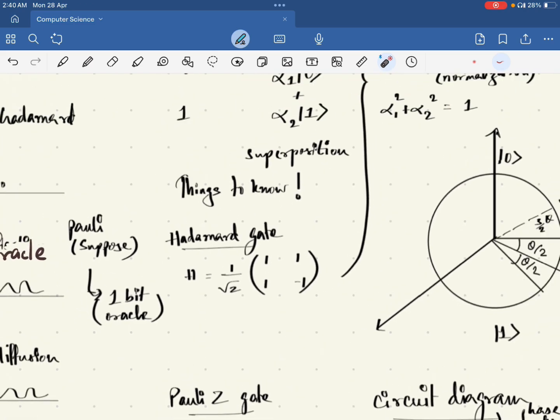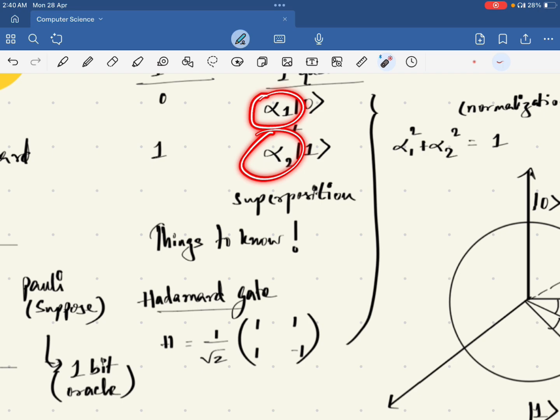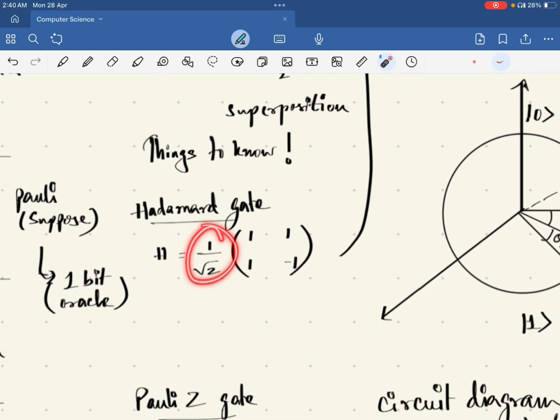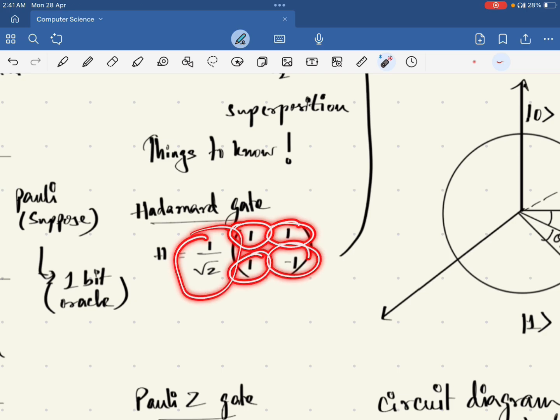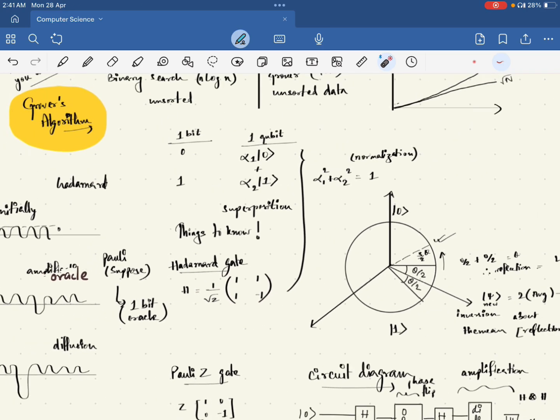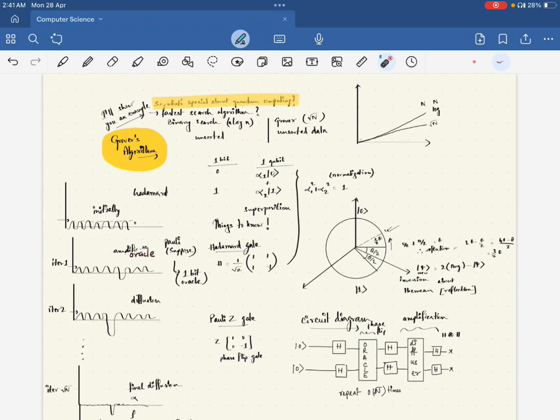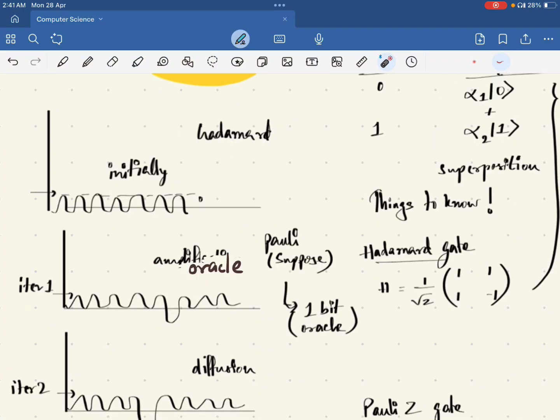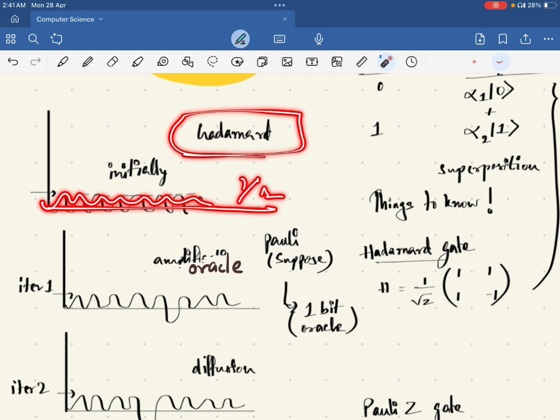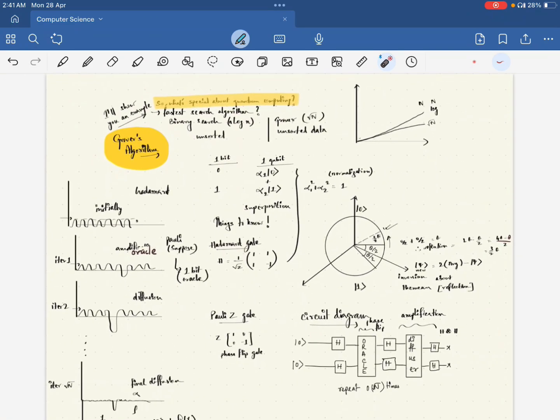We need to assign similar amplitudes to every one. So it assigns every state's amplitude as 1 by root 2. If we see the graph, we can clearly see that it's uniform. It's all 1 by root 2 after passing through a Hadamard gate.